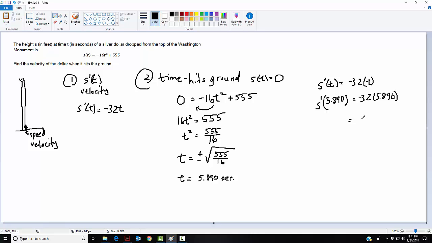So when you type this in, you're going to get negative 188.48. And this is what we're looking for. The negative is there because it's going down toward the Earth, but this is the speed in feet per second.